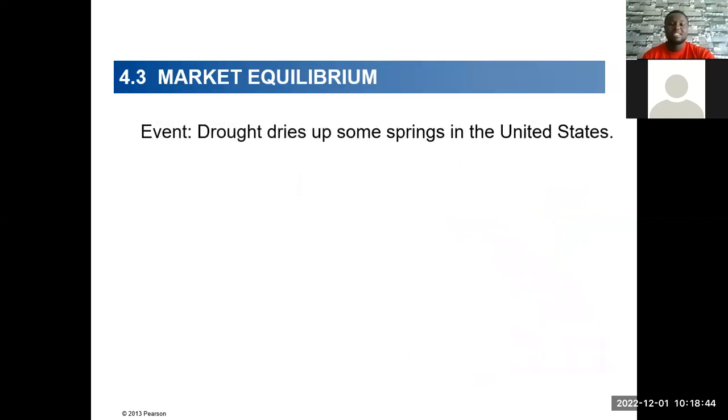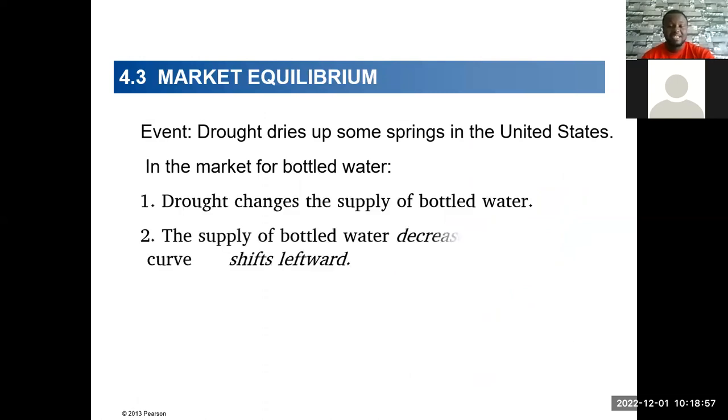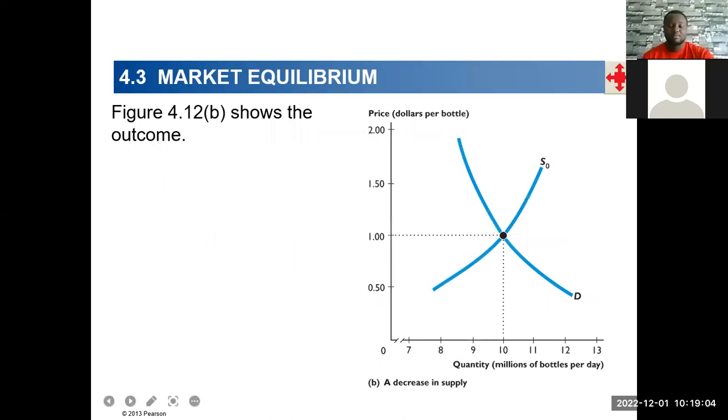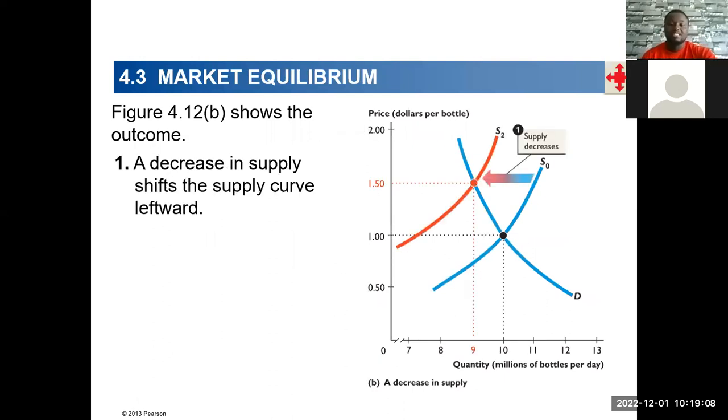Let's look at the case where supply decreases. Now there's drought in the United States and it has dried up some of the springs. So production of bottled water will fall. It affects the supply and causes a decrease in supply, so the curve will shift to the left. Let's look at what happens using the diagram. When supply falls, holding demand constant, we have a shortage.